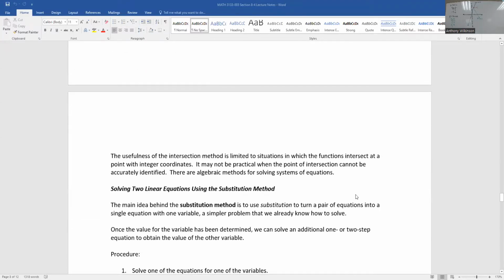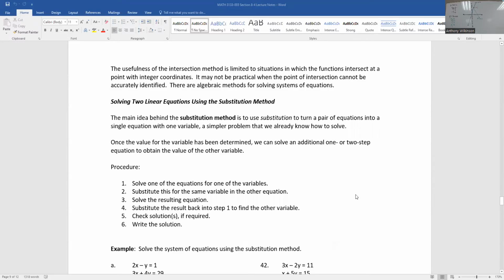Even if you were to do it precisely, you're not going to be able to come up with the exact ordered pair that would satisfy that solution, okay? Because you might have something that might be in the form of a fraction for your solution for that system of equations.